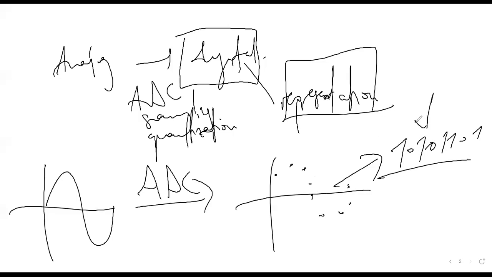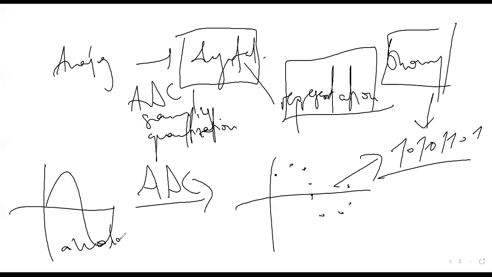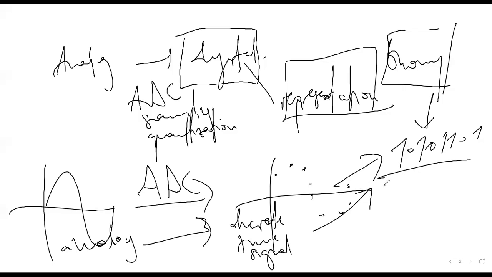We call this binary. There's a process from analog, what about discrete time signal? Then we end up with binary. There's a process and there is a course which takes you through that process.